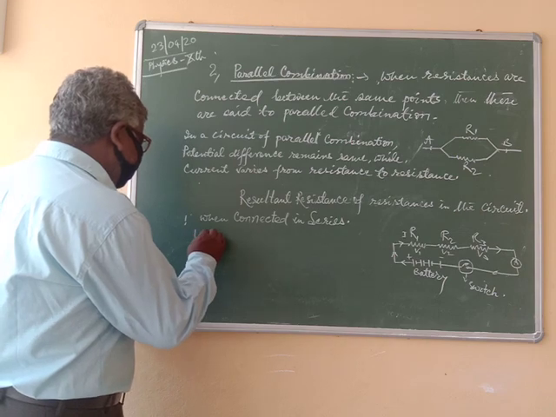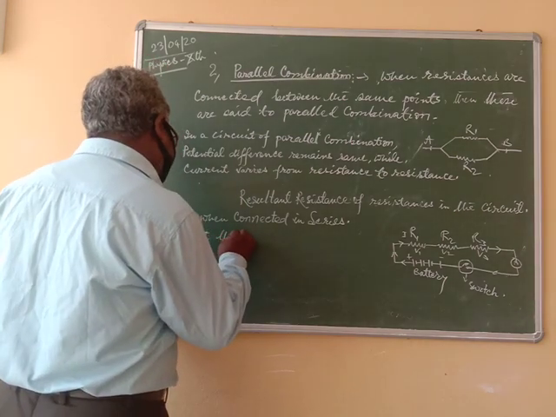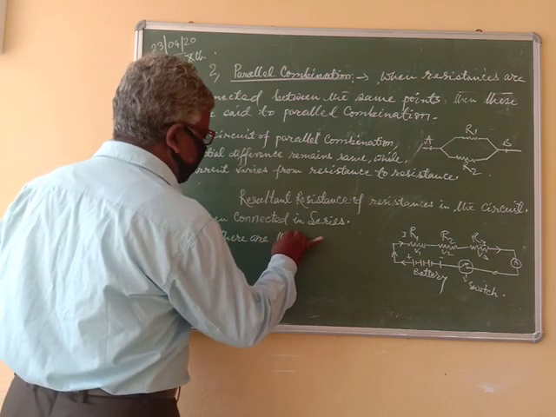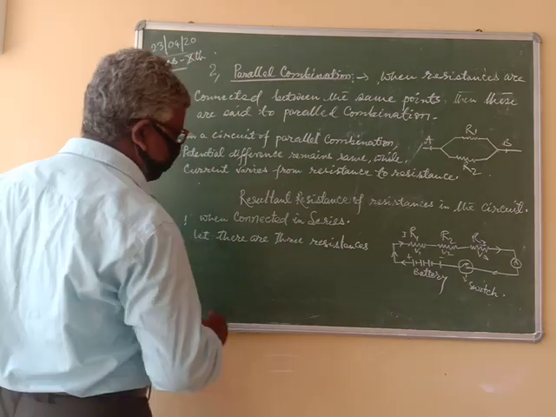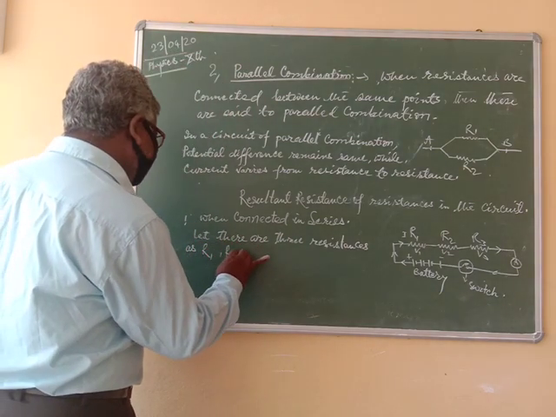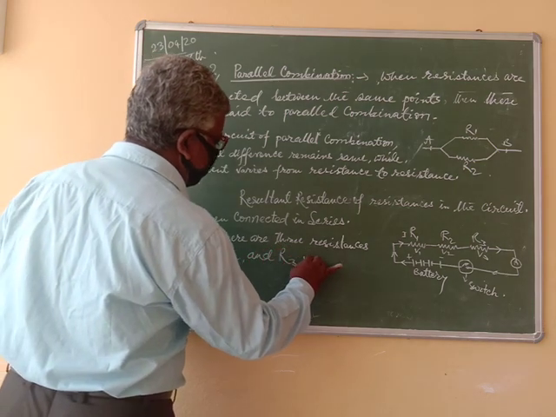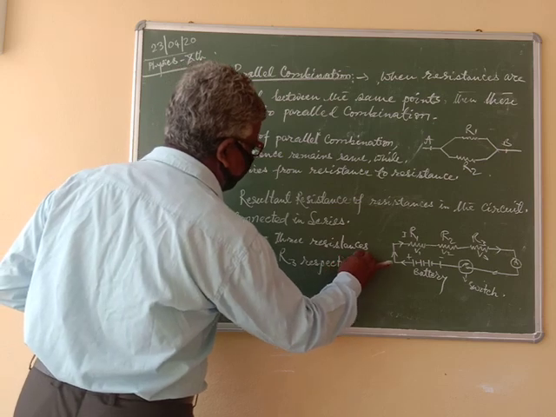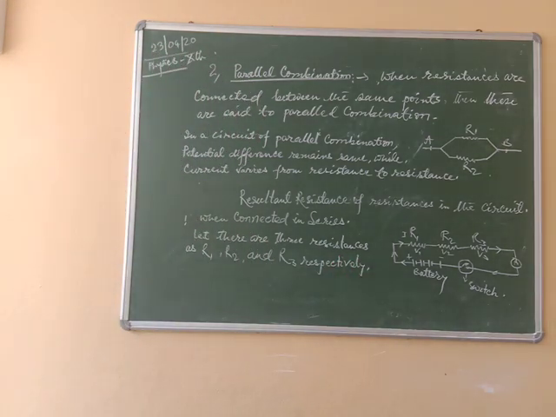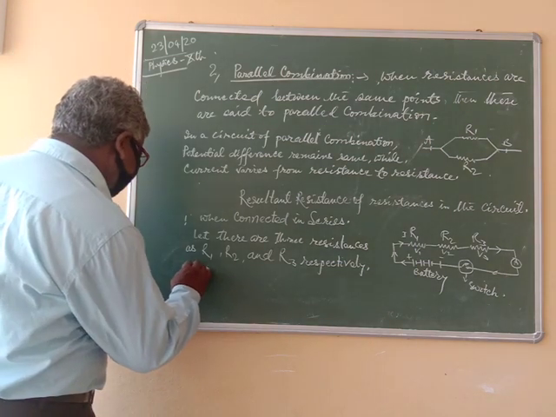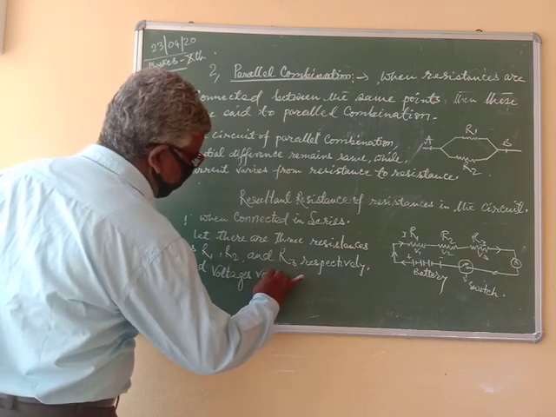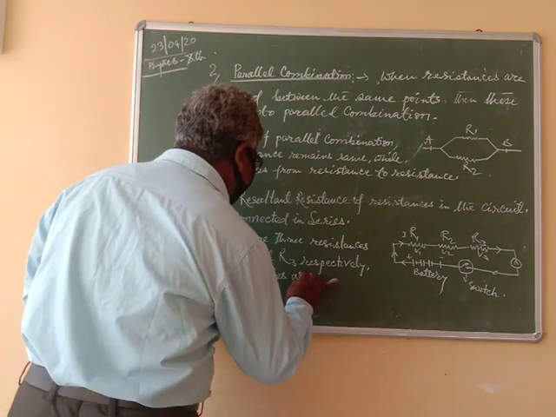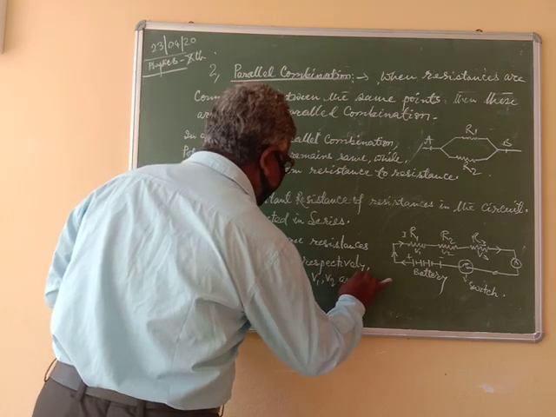So there are three resistances, R1, R2 and R3 respectively, and the voltage varies as V1, V2 and V3.